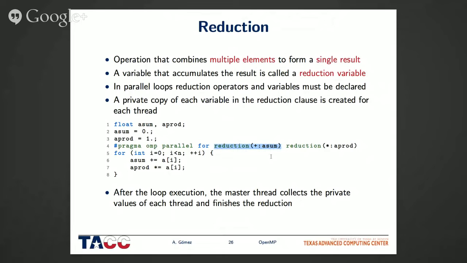You decide, in this case, we are saying that the variable asum is going to accumulate the result of all those add operations, while aprod will accumulate all the results of the multiplication. Okay. After the loop, the master thread will collect all the results, and you will only have one value for each of those variables.